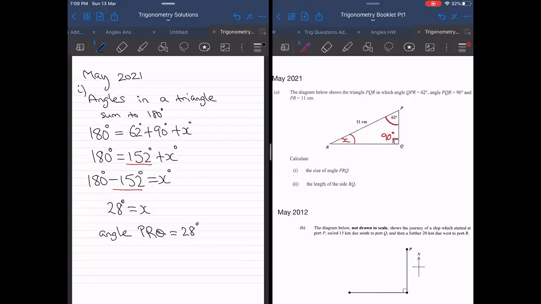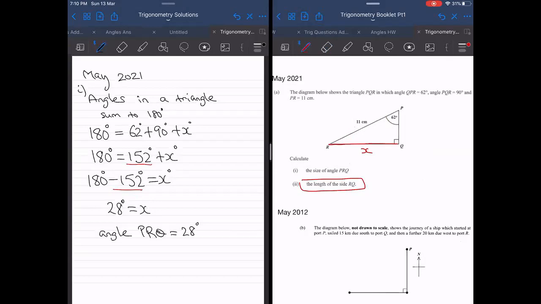Now for the next one, they want the length of RQ, right? So RQ is here. So again, guys, when you see stuff like this, you want to be thinking either Pythagoras theorem or the trig ratios.